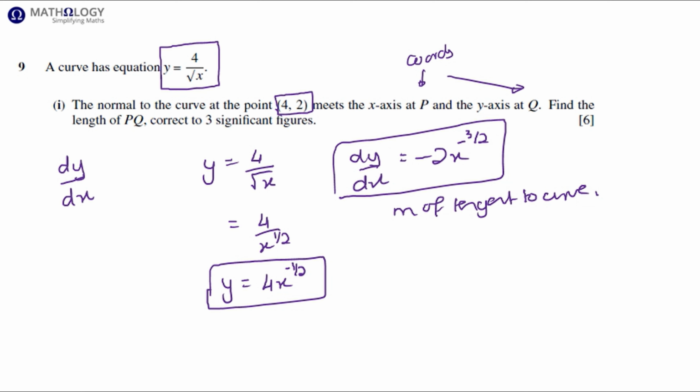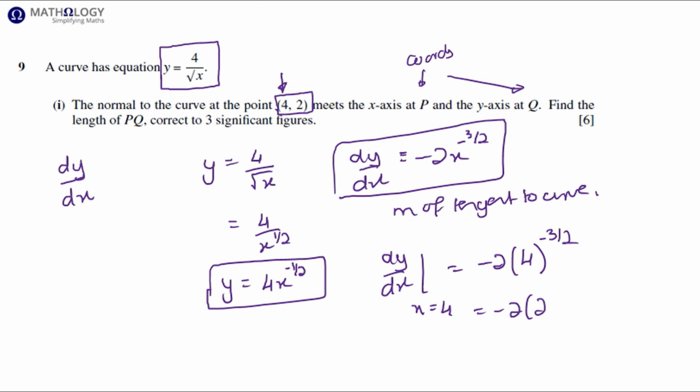Now the value of the gradient of a particular tangent we will determine from the point of contact, right? So dy/dx at the point where x equals 4 will equal minus 2 times 4 to the minus 3 over 2.